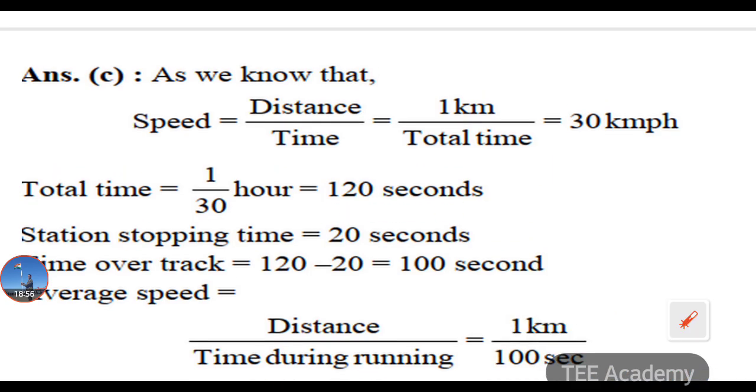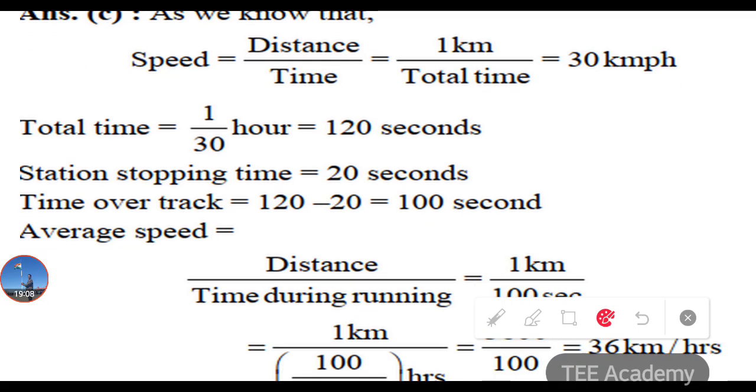So 120 seconds here, and for each and every station the stopping time is how much? 20 seconds. So the time in which the train is traveling is 120 seconds minus 20 seconds, which is 100 seconds, because the stopping time is 20 seconds. It's only traveling for 100 seconds, and 20 seconds is stopping time.